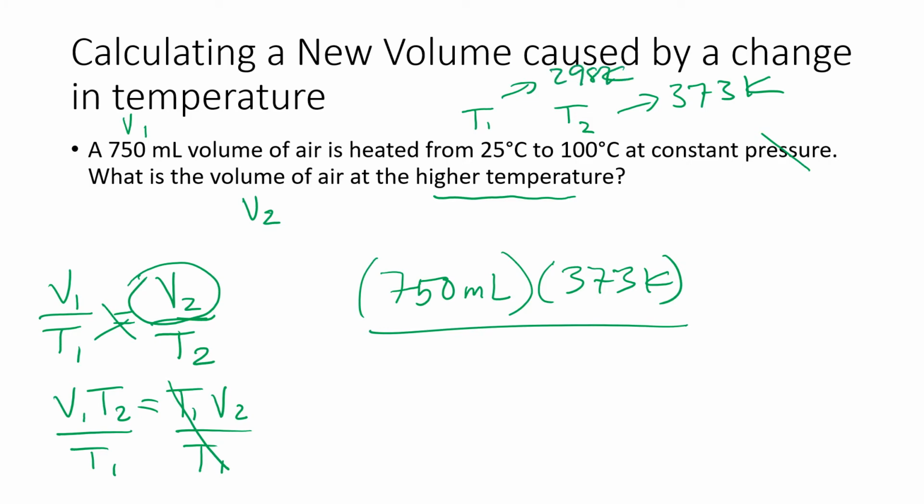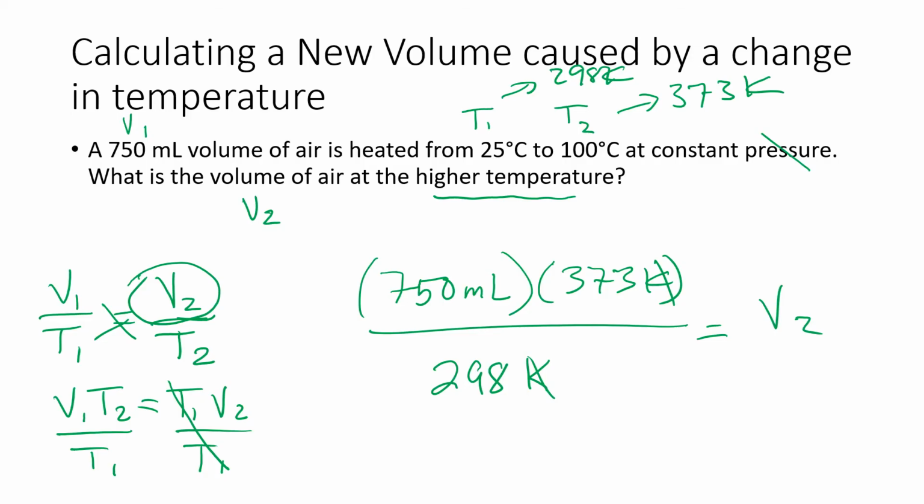So notice how I am putting the units in this. The reason why is because it's going to help you cancel out units if you're confused by which one you need. So volume 2: K's cancel out, so I'm left with milliliters. 750 times 373, then divided by 298.